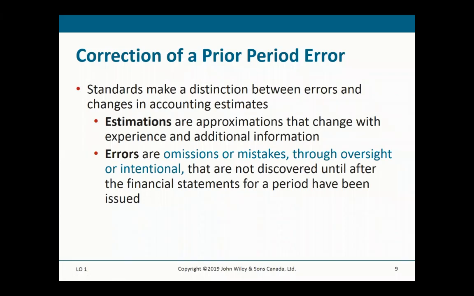changed. So for example, we accrue a liability for a lawsuit based on the best information we have. We estimate the amount of the legal liability, and then in the next accounting period, we get further information. The lawsuit goes to court. We owe more money than what we accrued.